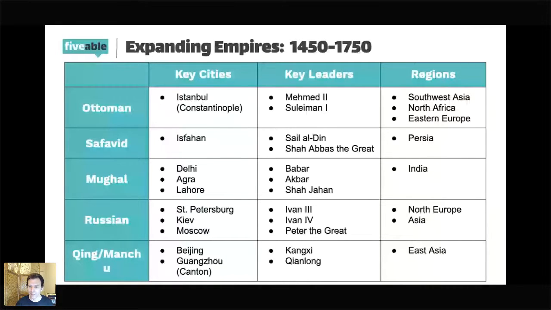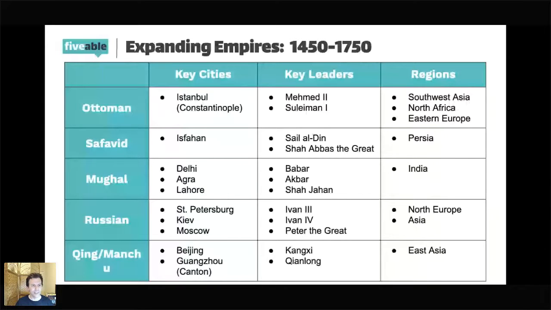Safavid and Isfahan. You're going to see key leaders like Shah Abbas the Great, and this is Persia. The Mughal Empire, key cities like Delhi, Agra, and Lahore. You see key leaders like Babar, Akbar, and Shah Jahan, and this is India.